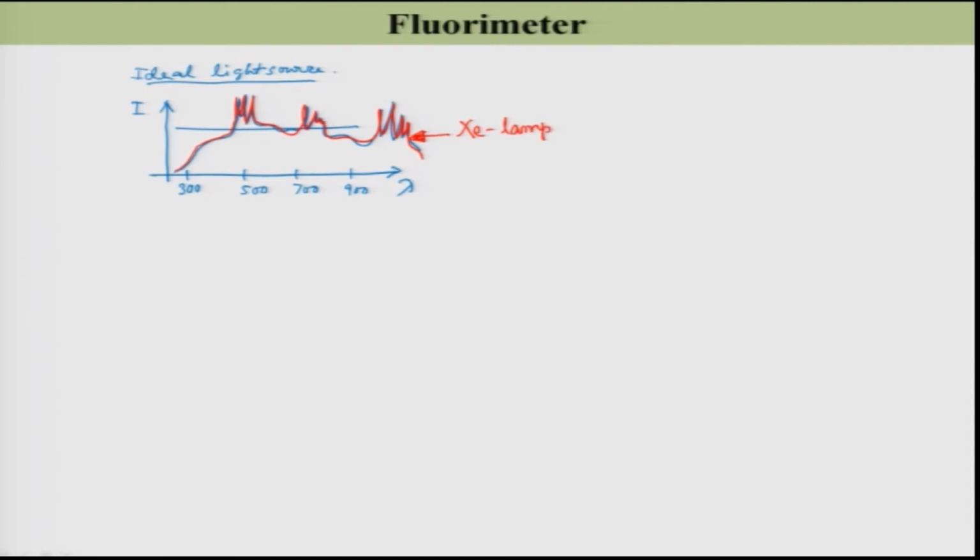So, why is this shape disturbing for us? This is because when we talk about the excitation spectra, as I said, what we usually do is fix the emission wavelength and scan the excitation spectra.